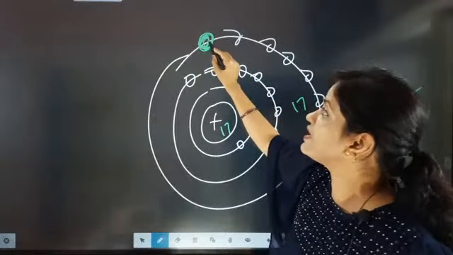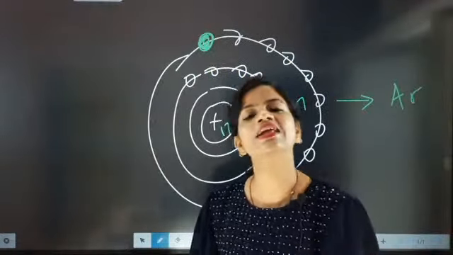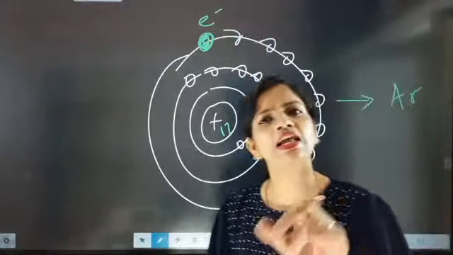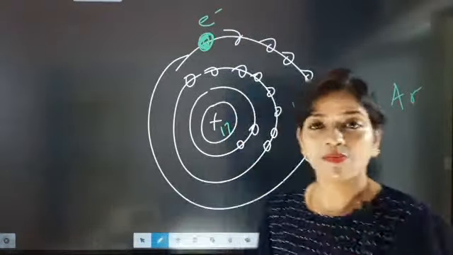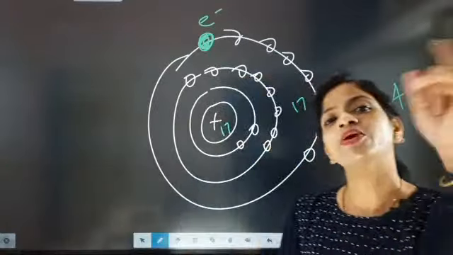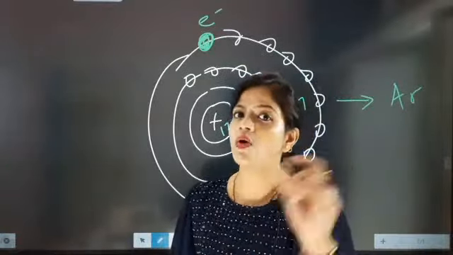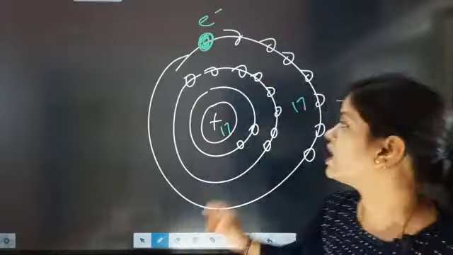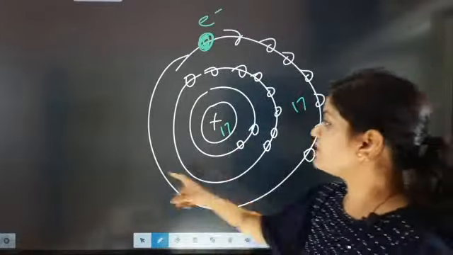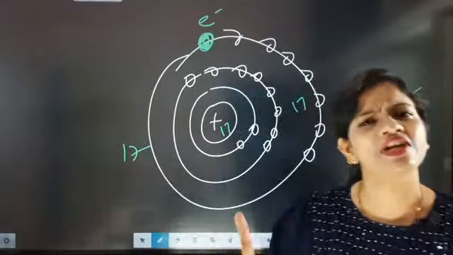So the moment 1 electron is added, electron repulsion will start, because the outermost orbit has only 7 electrons and one more electron addition means electron repulsion will be there, and nuclear charge won't be effective, because nuclear charge has the capability to hold only 17 electrons.